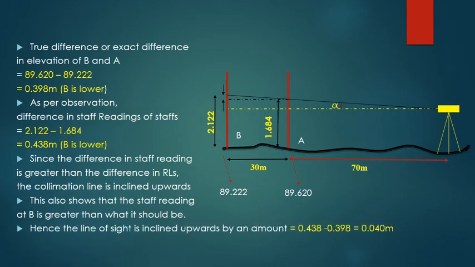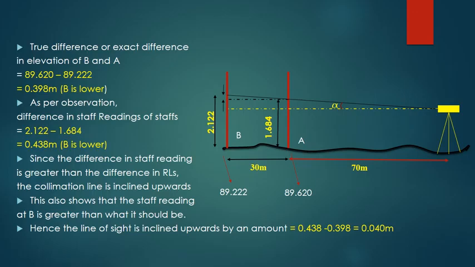Hence the line of sight is inclined upward by an amount you get by subtracting the difference in the reduced levels from the staff reading difference.